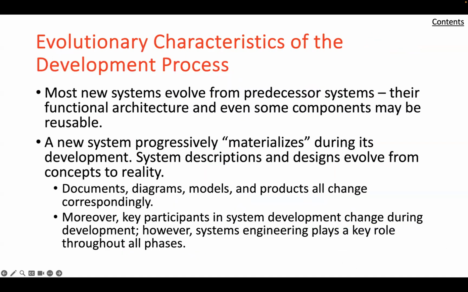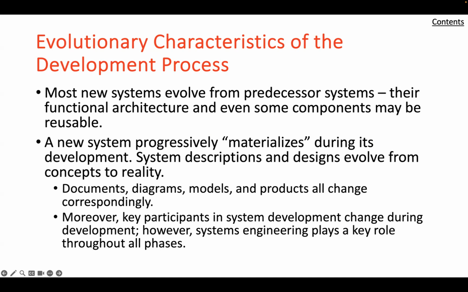Let's now move on to exploring the evolutionary characteristics of the development process. The nature of the system development process can be better understood by considering certain characteristics that evolve during the life cycle. Four of these are described in the following sections. The section, the predecessor system, discusses the contributions of the existing system to the development of a new system that is replacing it.